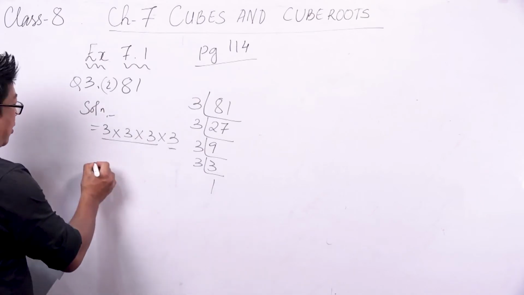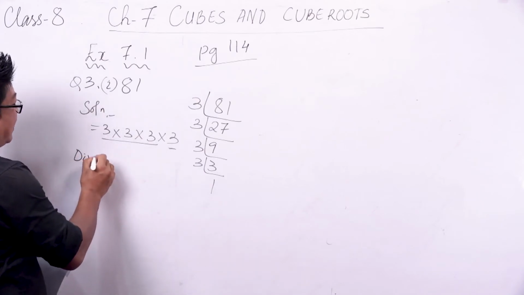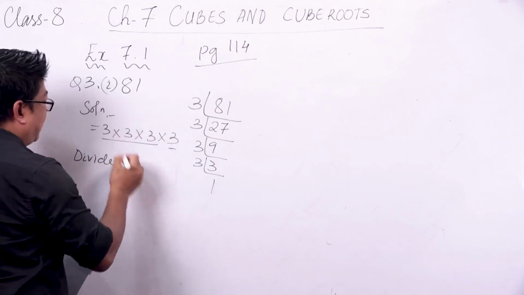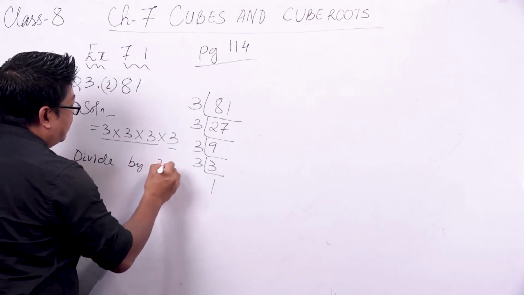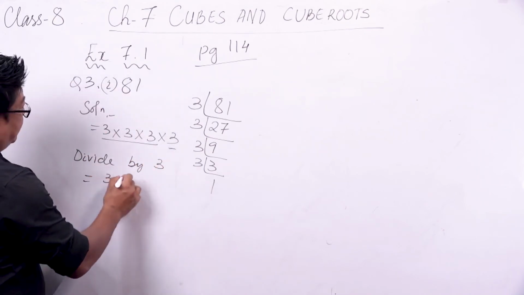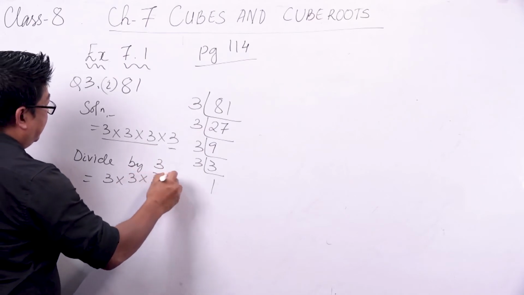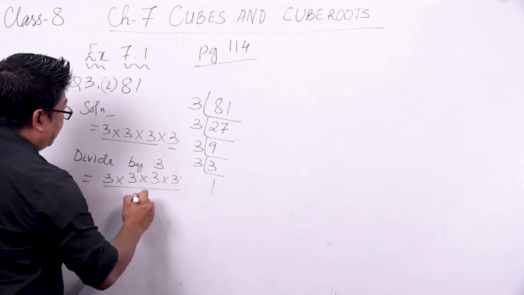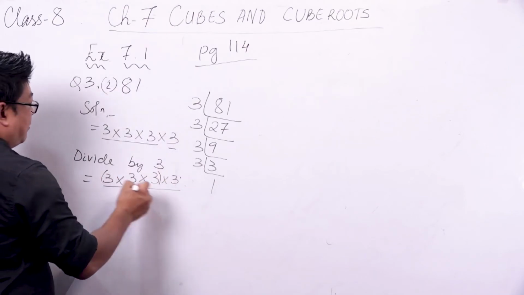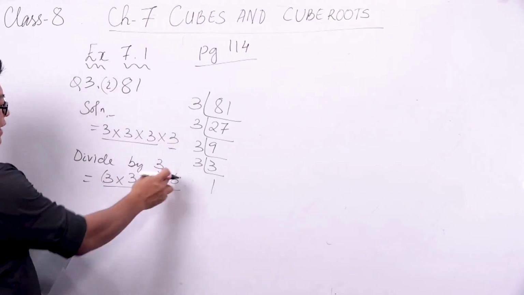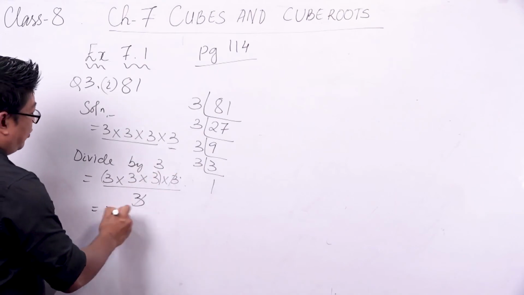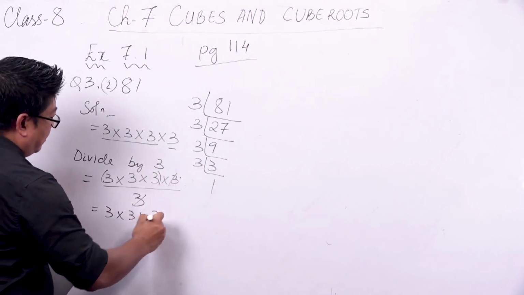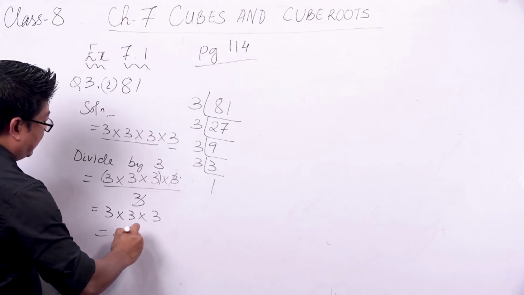Okay, so we will write now divide, the opposite of multiply, divide by 3. So we're getting 3 into 3 into 3 into 3, divide by 3. So this is a triplet. We cancel the extra 3. We are left with 3 into 3 into 3, which is nothing but 27.